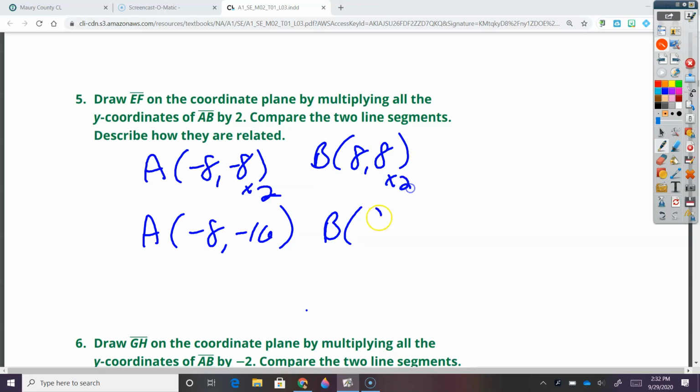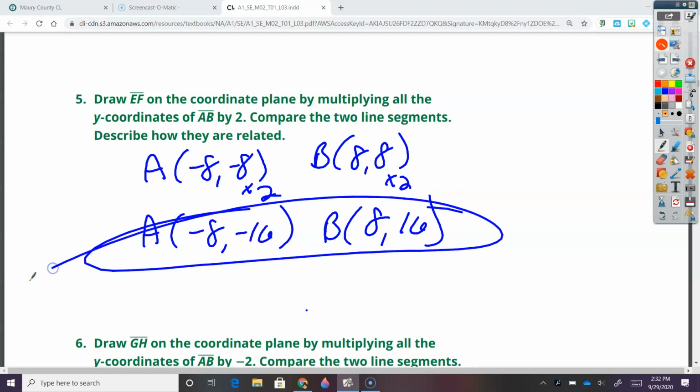B is going to be (8, 16). So when we draw this on a coordinate plane, the image is going to be much steeper than the original.